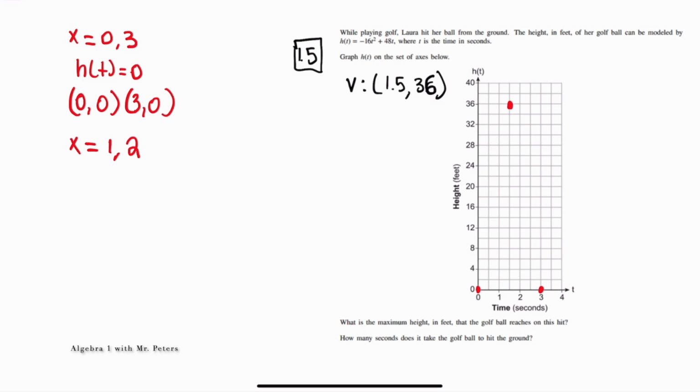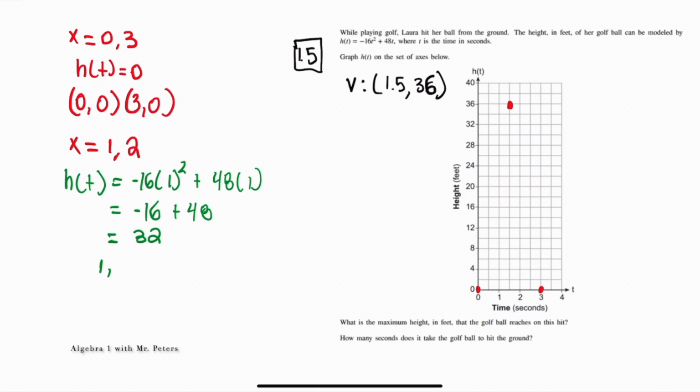So let's do when x is 1 because that's a little bit easier to work with. h of t is equal to negative 16 times 1 squared plus 48 times 1. When we simplify, we're going to have negative 16 plus 48. When we combine these two together, h of t is going to be equal to 32. So the ordered pairs we're plotting are (1, 32), that's the first one, and then (2, 32). So let's also plot these as well.